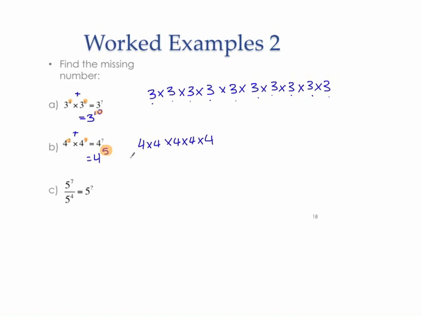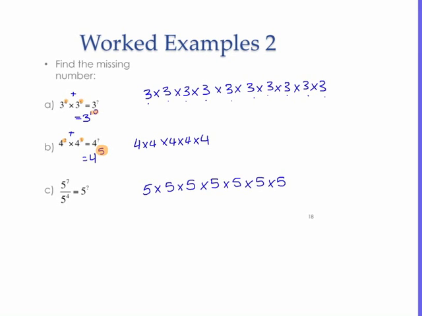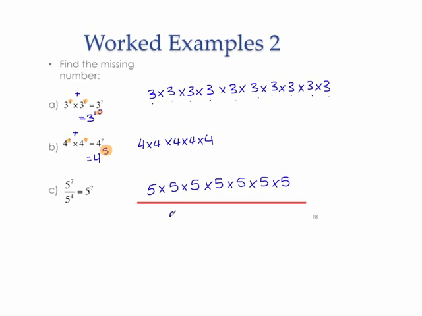The next one, I've got division. So I've got 5 to the 7 divided by 5 to the 4. I can cancel out these numbers. 5 divided by 5 is 1, and I can keep on going, because they're all multiplying.